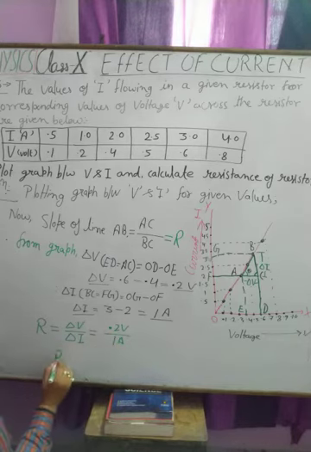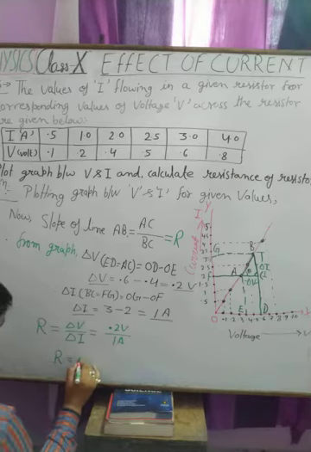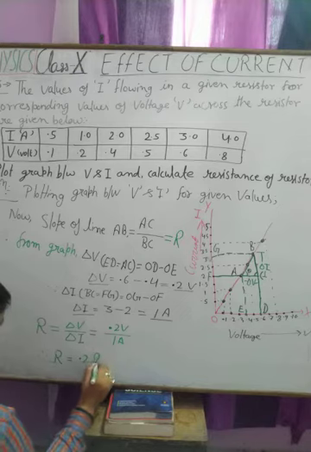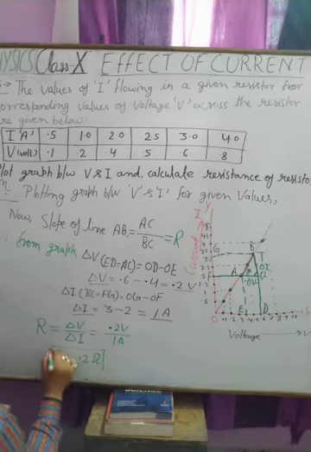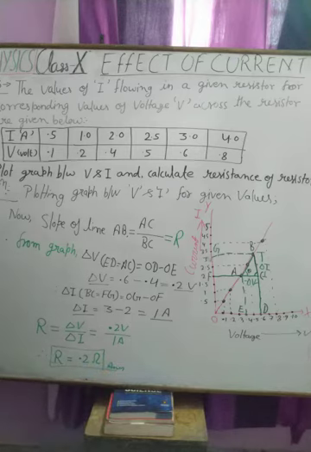Therefore, the resistance of the given wire is 0.2 ohm. This is the calculation of resistance with the help of plotting a graph and as per experimentally calculated by Ohm's law. So copy this solution.